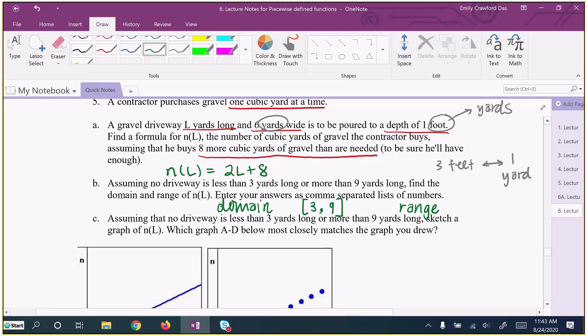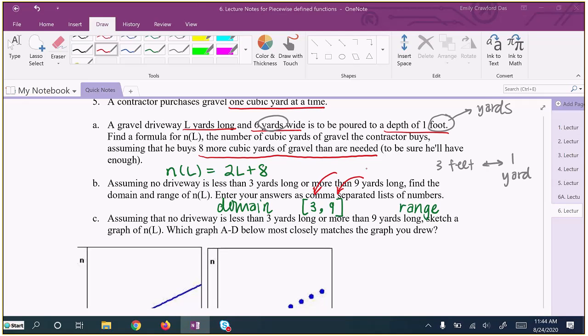So one thing we want to think about here is that if the length of the driveway is getting longer, then we need more gravel to fill it up. So intuitively, the shortest driveway is going to require the least amount of gravel, and the longest driveway is going to require the most. So if I just figure out how much gravel I need for these two situations, 3 and 9, then I will find my range, because everything in between is going to require some amount of gravel in between.